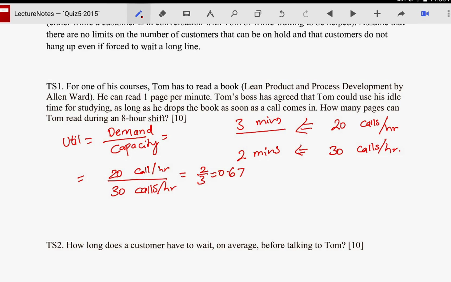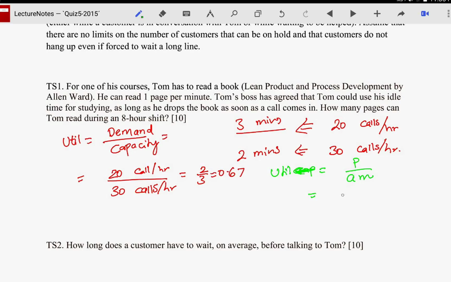Another way to think about this is slightly similar: utilization is P divided by M. Again, mostly this formula makes much more sense when there are multiple workers, but it works when there is one worker too.